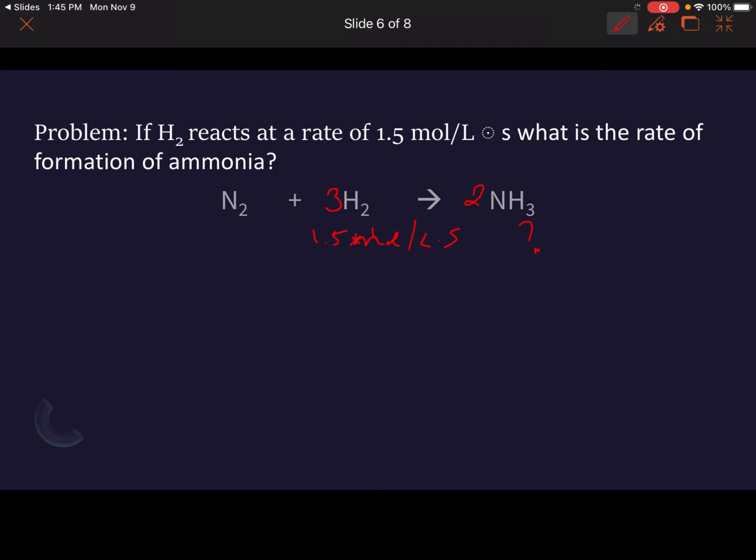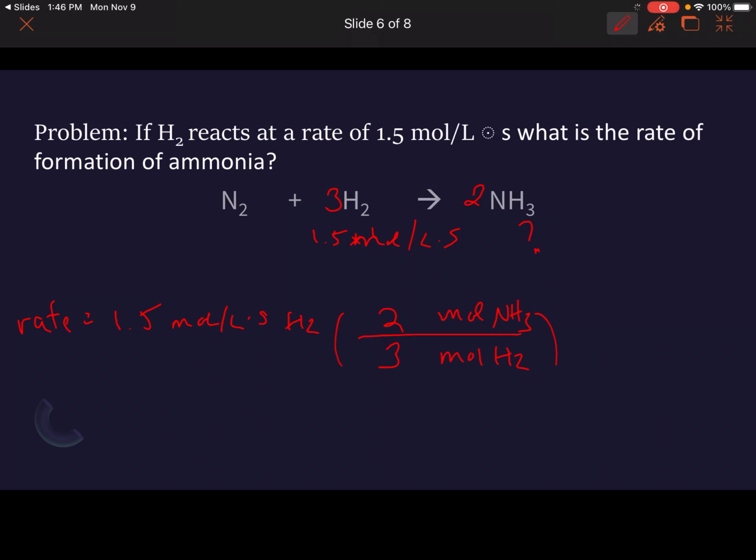We can do this just by using the mole ratios, and I would set it up using dimensional analysis. You don't have to, of course. You can use whatever you want here, but I'm going to say rate is equal to 1.5 moles per liter times second, and it's H2 here. Now I'm just going to multiply by the ratio, so the moles of H2 is going to be on the bottom, and moles of NH3 are going to be on top, and the mole ratio between them is 2/3.